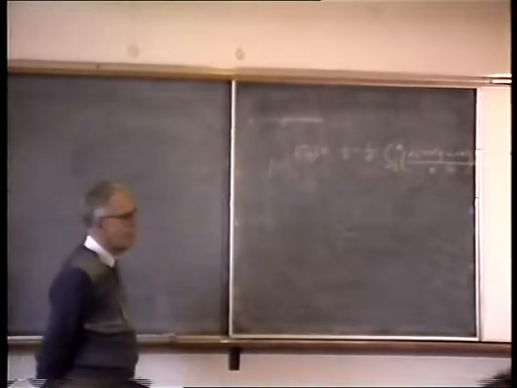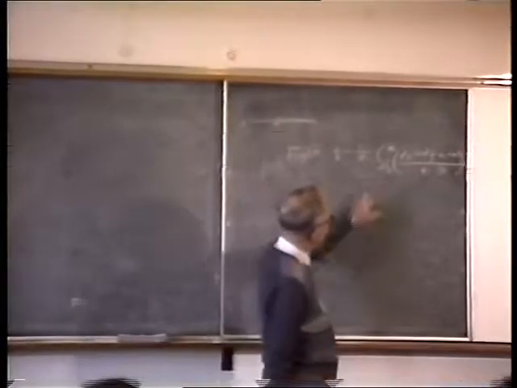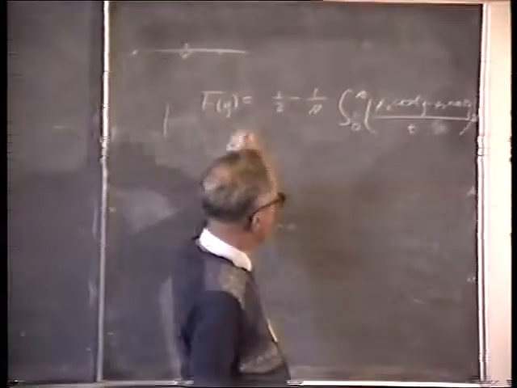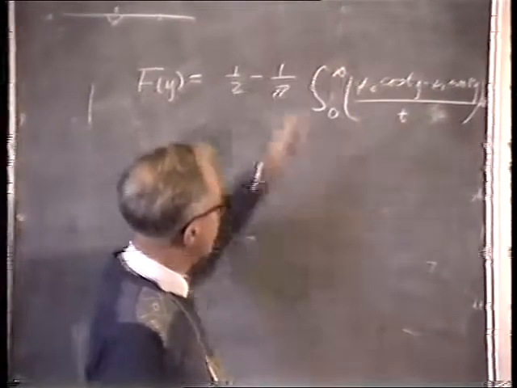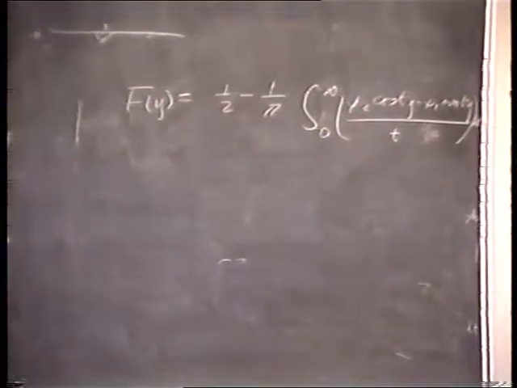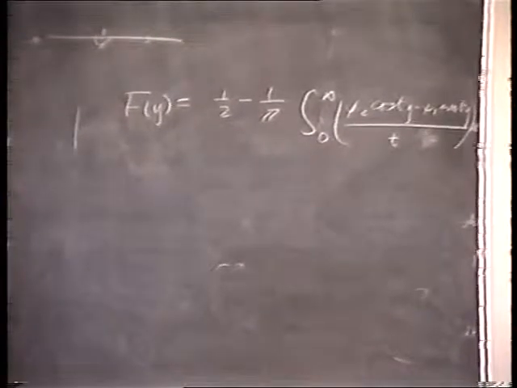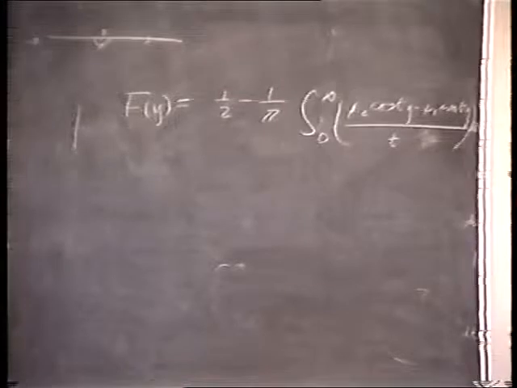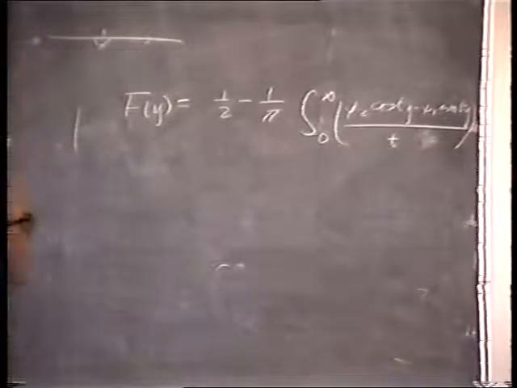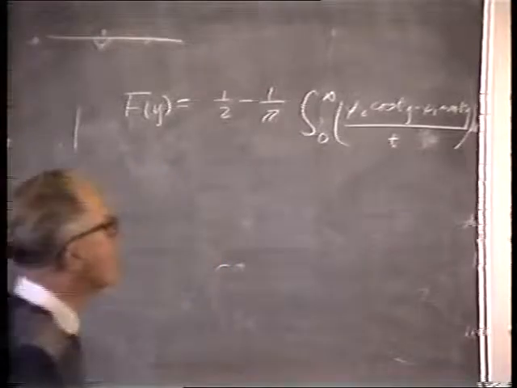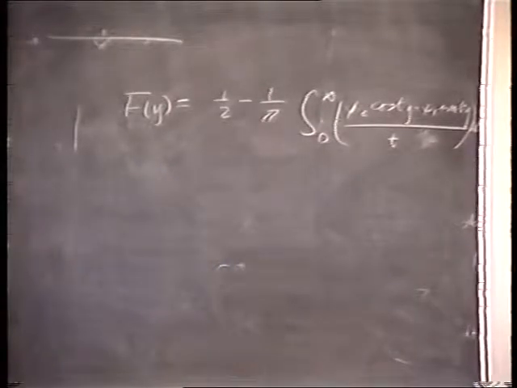One is to truncate this infinite range of integration by taking a sufficiently large value, say capital K. The problem is that the choice of K is model dependent or function dependent. K may range from anywhere from 10 to 100 in the Imhof procedure, depending upon how difficult it is to get this integral to converge.